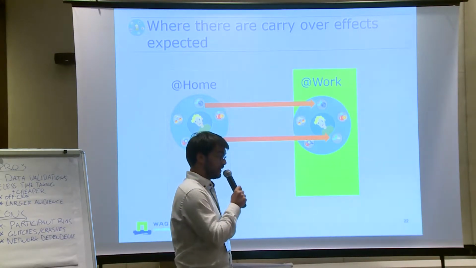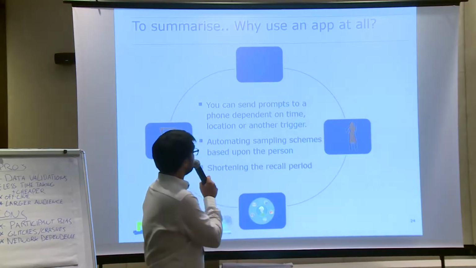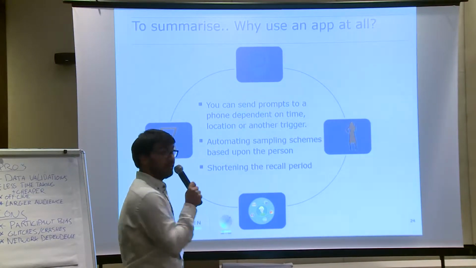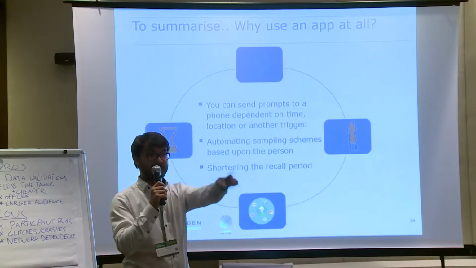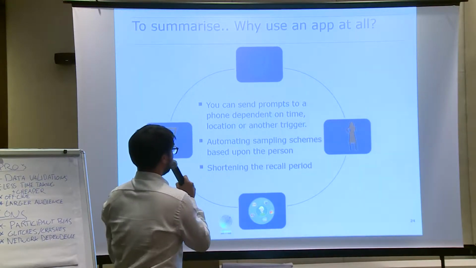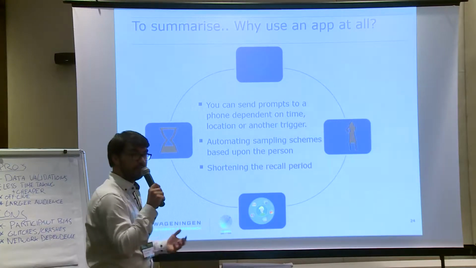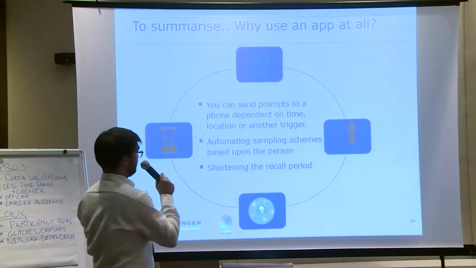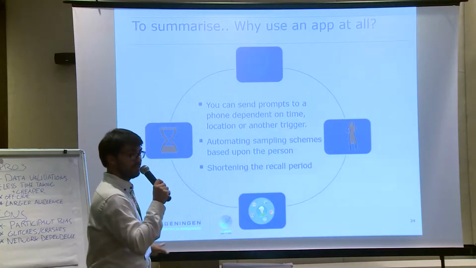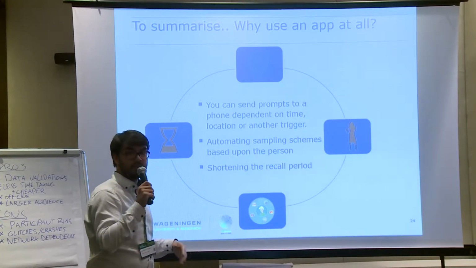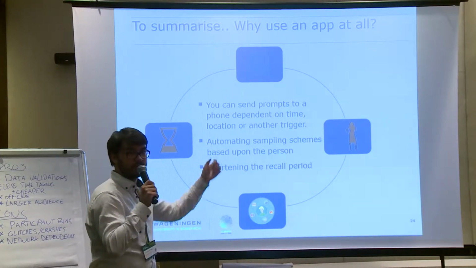So just to summarize, why use an app at all? We already heard this, mainly at that table. You can send prompts to a phone depending on time, location, or any other trigger. I just said GPS location, but it can also be movement. I'm wearing a smartwatch right now.